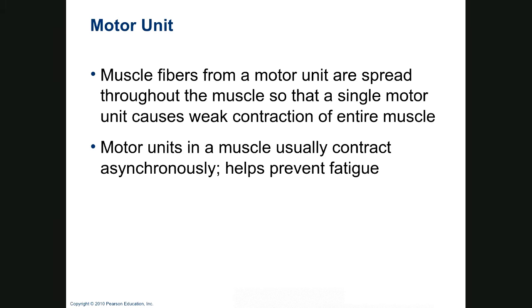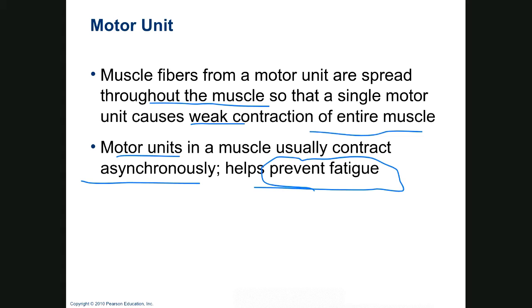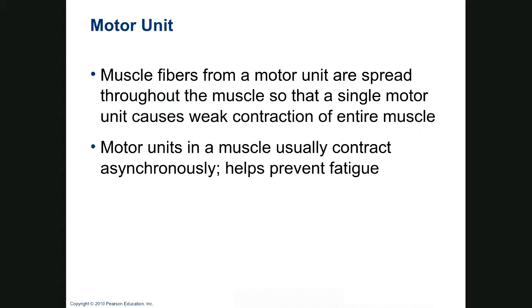Muscle fibers are also spread throughout a muscle. So you get a little bit here and a little bit there, and that causes a weak contraction of the entire muscle. Now, they fire asynchronously because it helps prevent fatigue. And when we talk about fatigue in muscles, we're not talking about, gee, I feel tired. We're talking about the muscle cannot move.